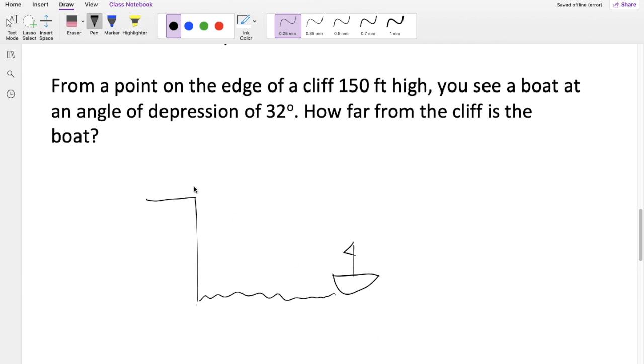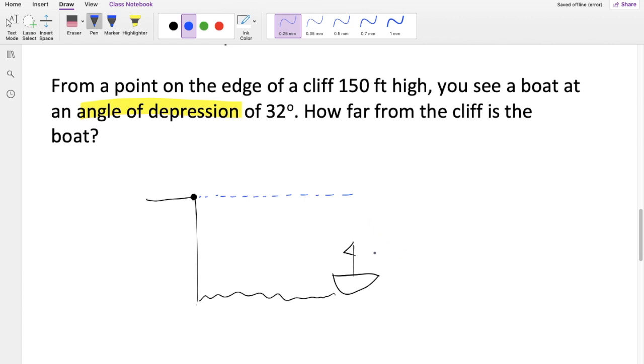It says that at the point on the edge of the cliff, so here is the point at the edge of the cliff, we have an angle of depression. Anytime I see the words angle of depression or angle of elevation, the first thing I'm going to do is draw a horizontal line.